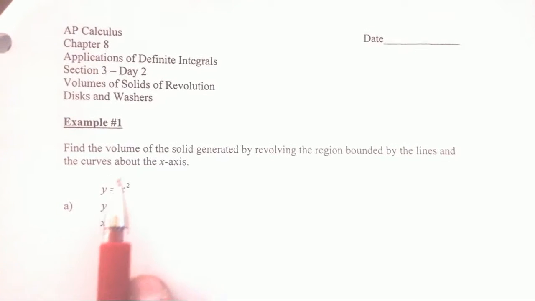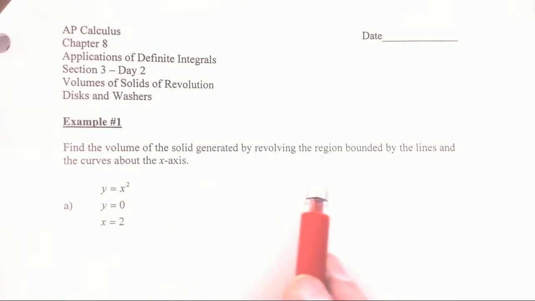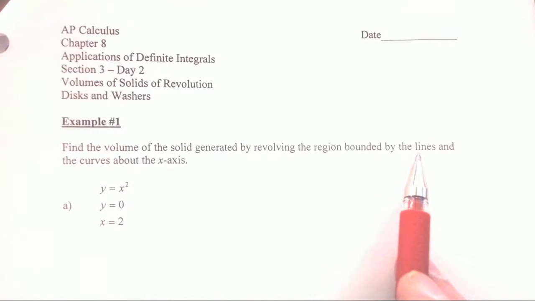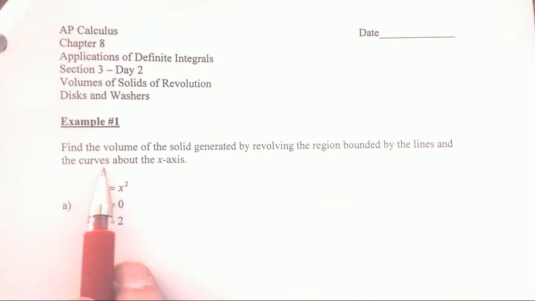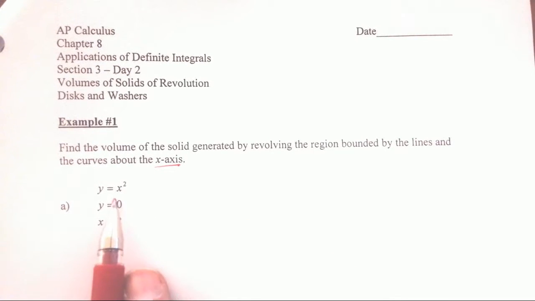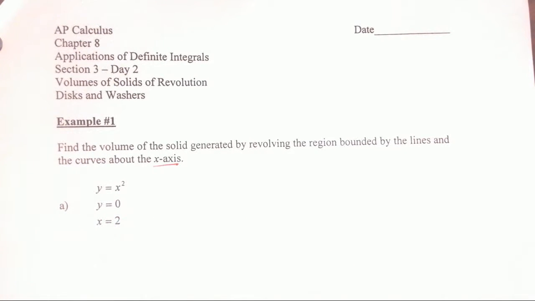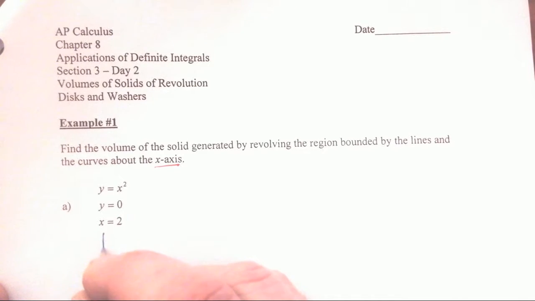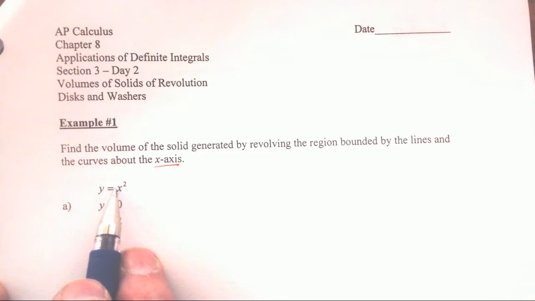Find the volume of the solid generated by revolving the region bounded by the lines and the curves about the x-axis. So we're bound by these, so let's get a picture. So y is 0 and x is 2, and this is going to be positive, so I'm going to draw this down here.